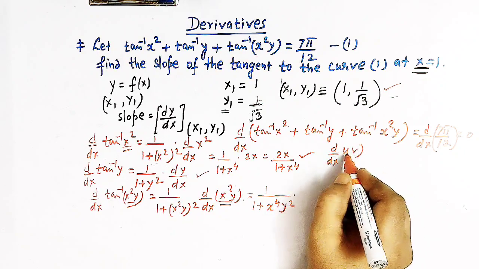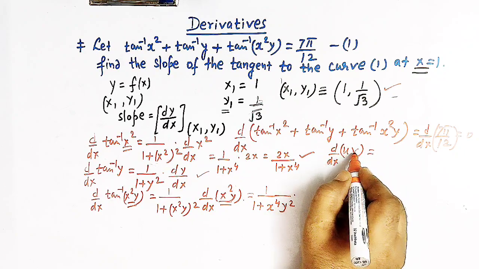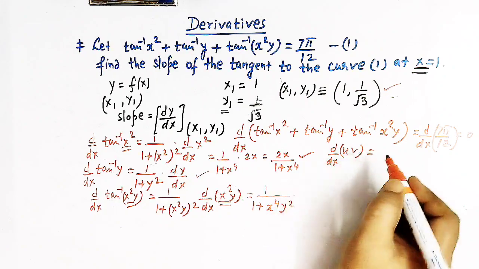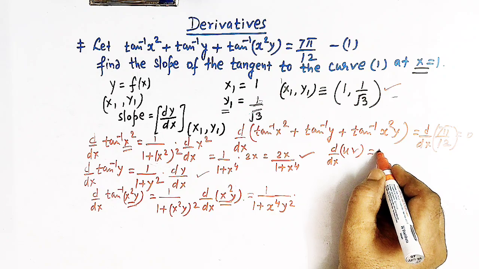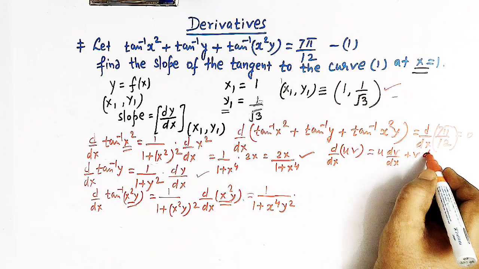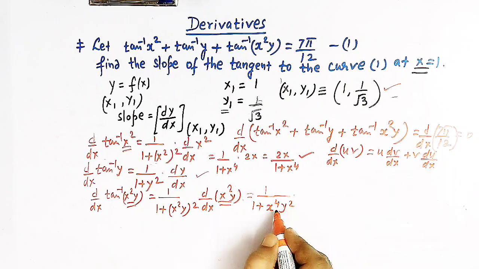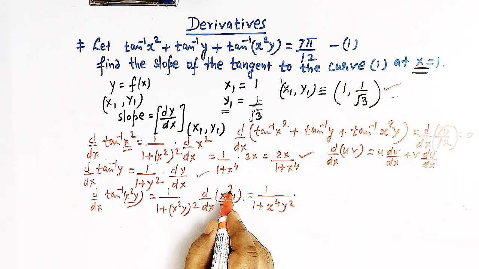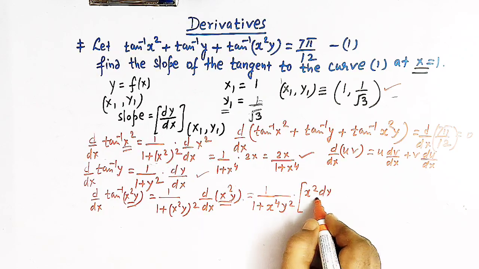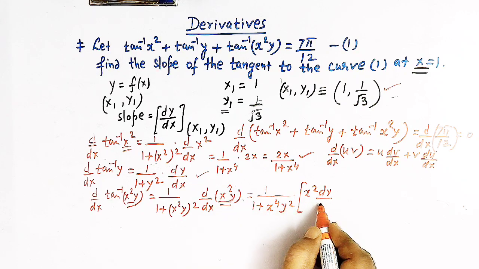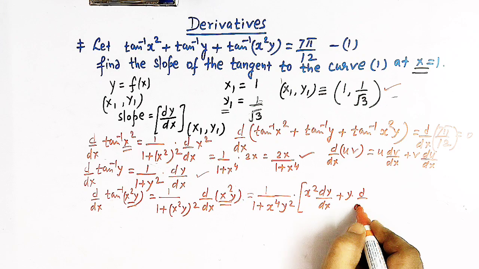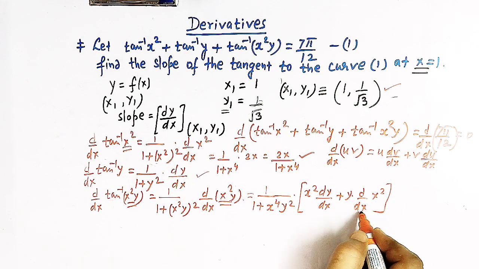So if we have two functions u and v of x, then the derivative of the product of u and v is given by u times the derivative of v, plus v times the derivative of u. So here we can take u as x square, so we have x square, then the derivative of v, that is y, with respect to x, then we have y times the derivative of x square with respect to x.